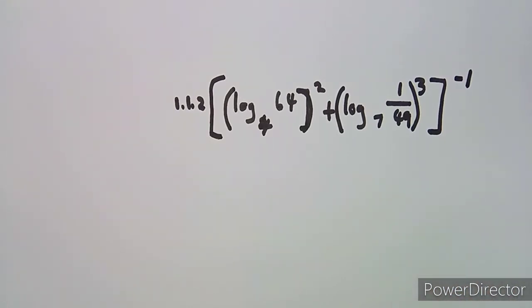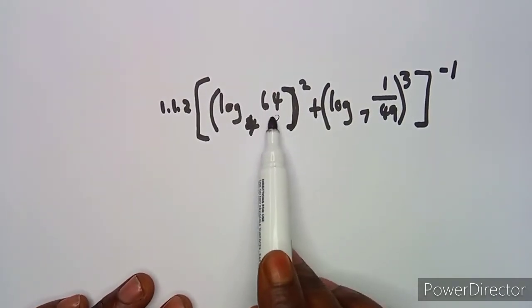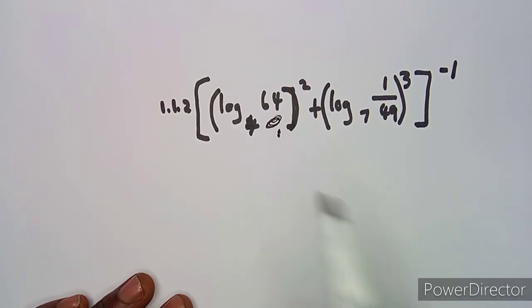All right, guys, let's just see how and what we were supposed to do in this type of equation. Remember, you're not using a calculator here, so you can maybe try and simplify this into a simpler version.